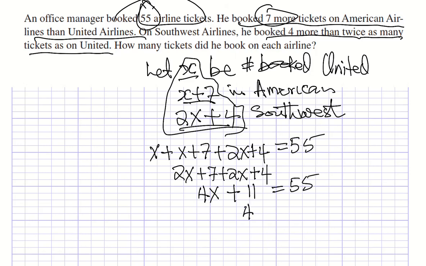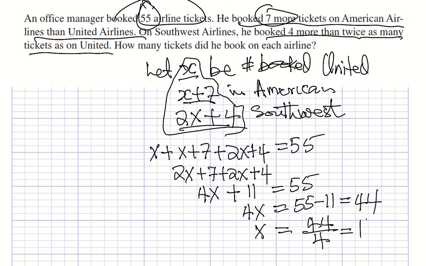Then you have 4x is equal to 55 minus 11, which is 44, yeah? Okay. And then you get rid of 4 on the left side, you get x is equal to 44 divided by 4. You get 11. Alright? You see that, right? Okay, so x is 11.